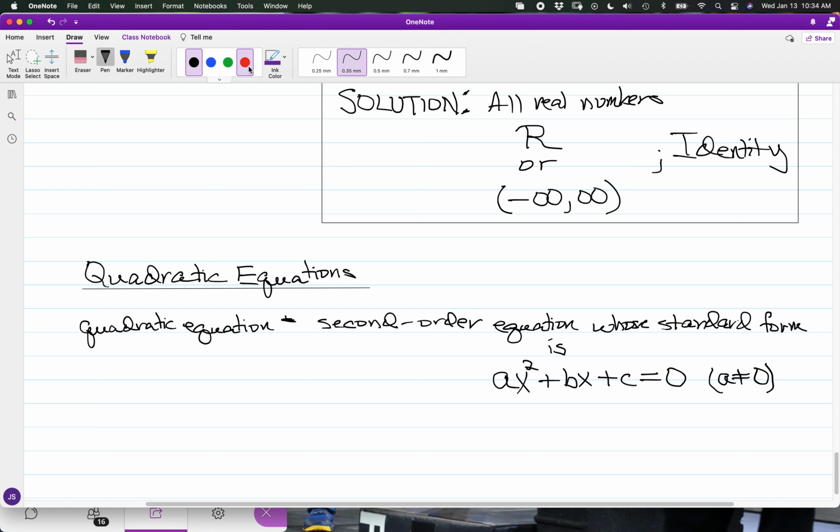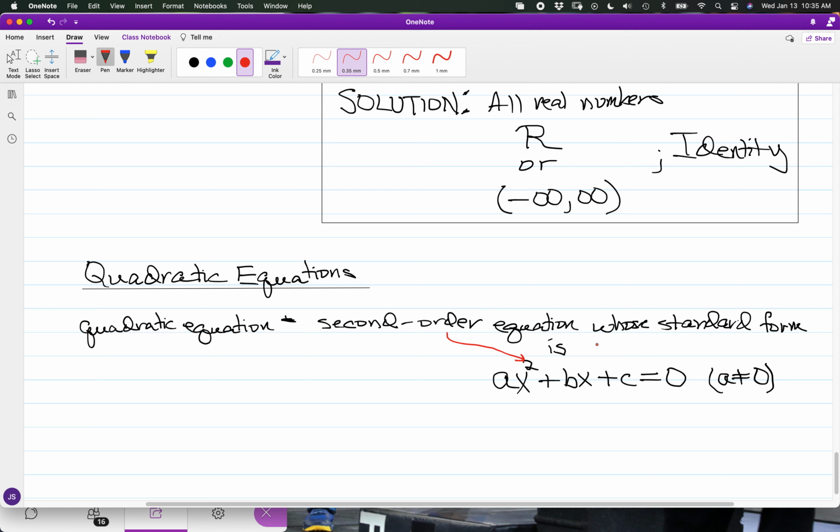Again, what I mean by second order equation is that in a single variable, the highest order term is going to be to the second power in the variable of concern. So you have ax squared plus bx plus c is equal to 0. And if a were equal to 0, the x squared term would just vanish altogether, and we would have at most a linear equation.